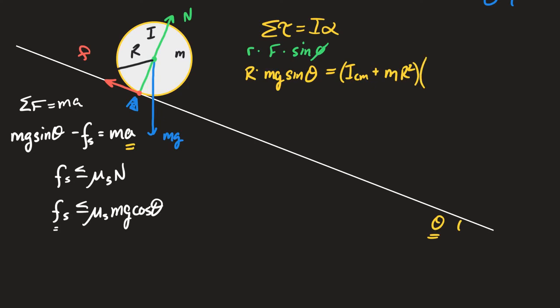Now, here's where I'm going to plug in a over R, because we are saying it's rolling. The condition for rolling is that the linear and angular variables are linked together and synchronized, so I can make that substitution. I have to make that substitution.